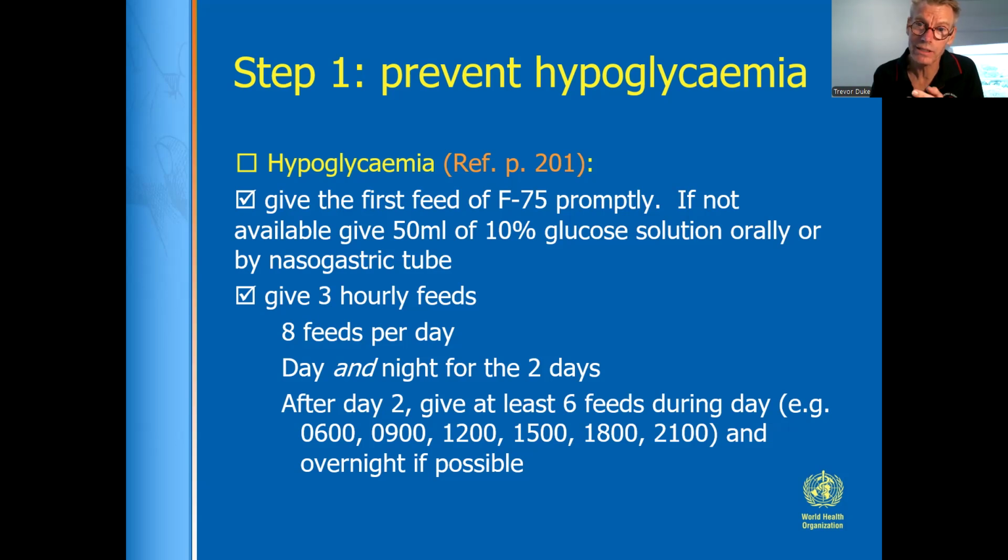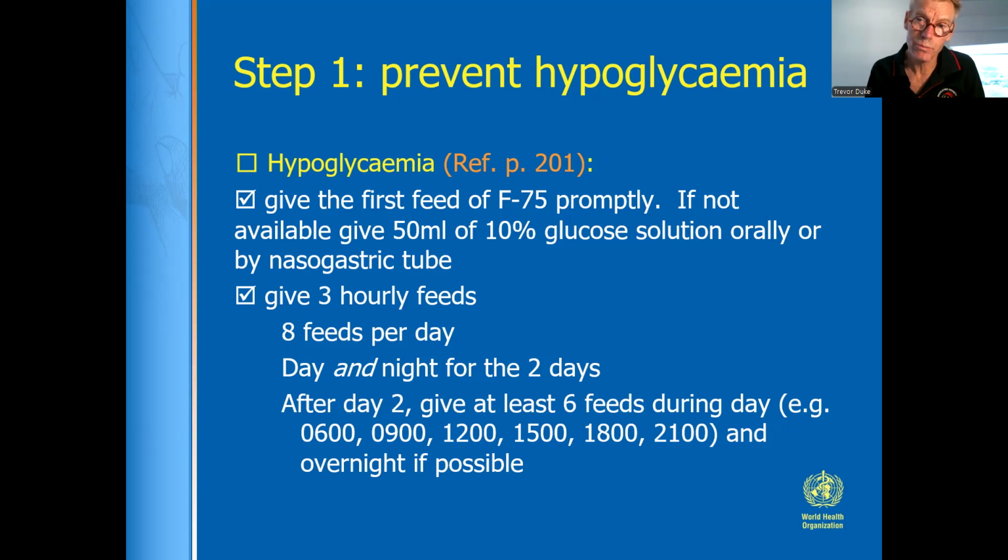So ideally, you'd give the first full feed as F75, formula 75. WHO has two formulas for children with malnutrition, F75 and F100.